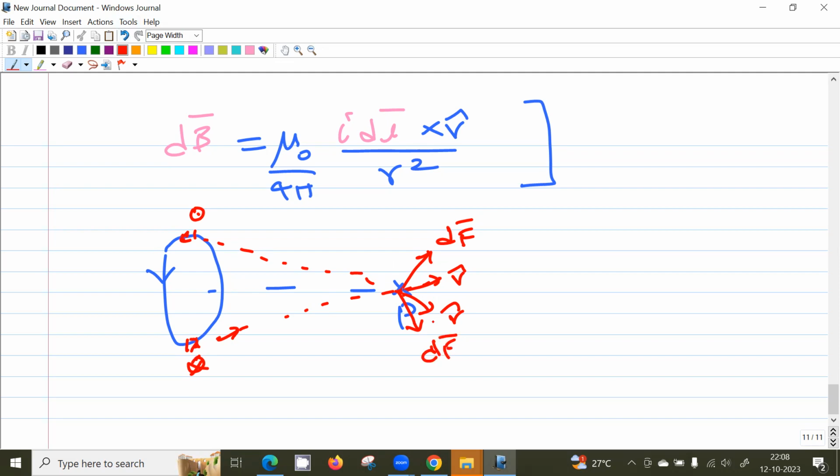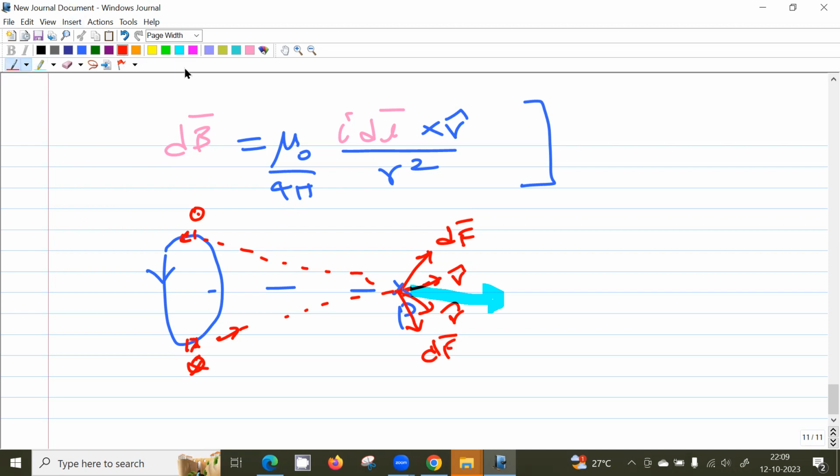Since the magnitudes of these two fields are equal, the x component, which is along the axis, will add: dB cos of the angle.